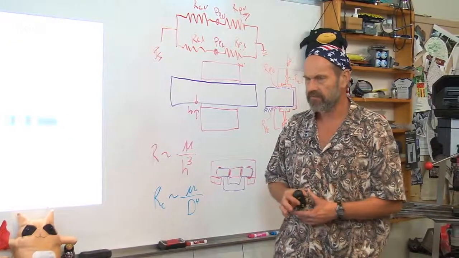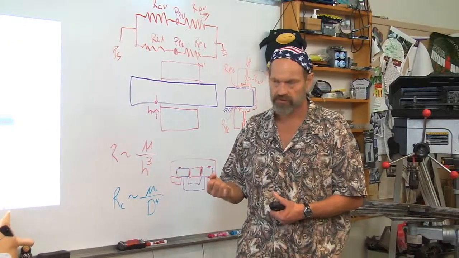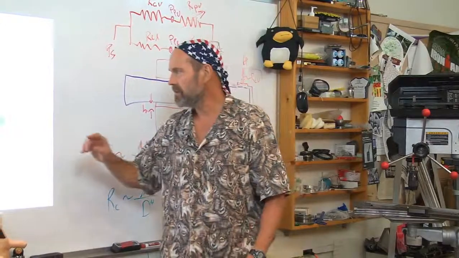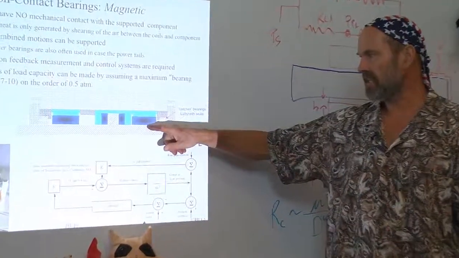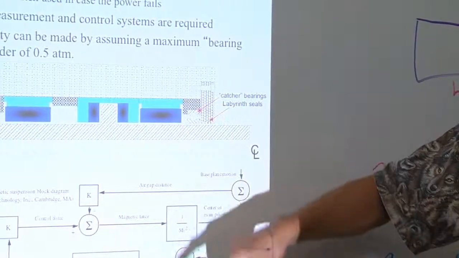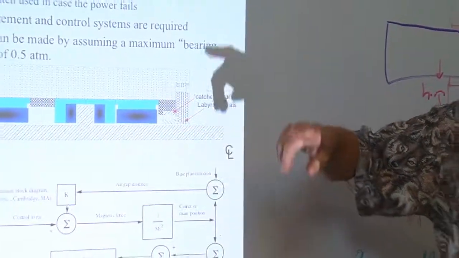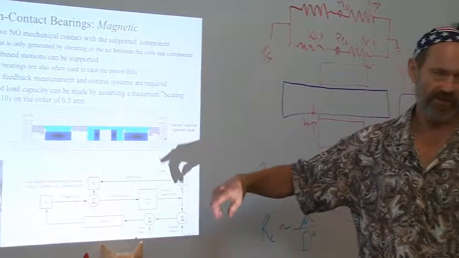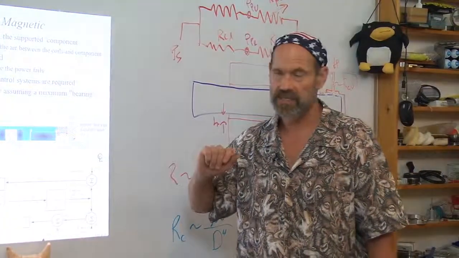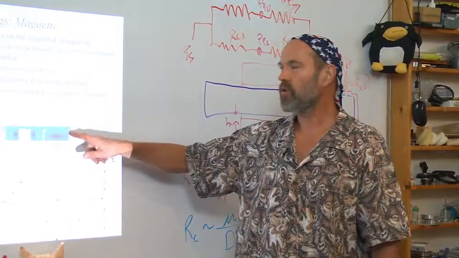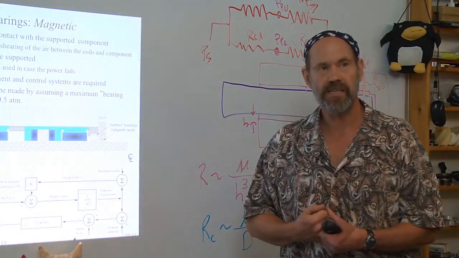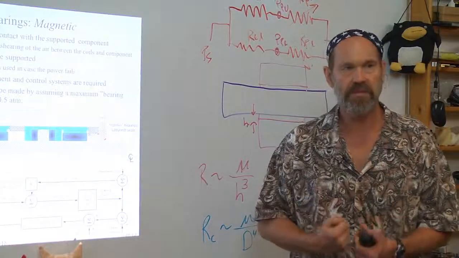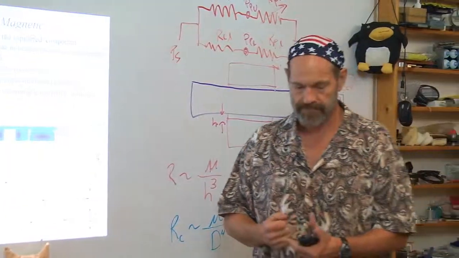Everything has a downside. I have an external controller, cost, and we said earlier that the nice thing is that the gap can be large, so I'm not shearing a fluid and generating heat the way I am in a hydrostatic or hydrodynamic or even a rolling element bearing. But the electromagnetic coils actually can generate quite a lot of heat in a magnetic bearing. So heat will have to be managed in those bearings also.